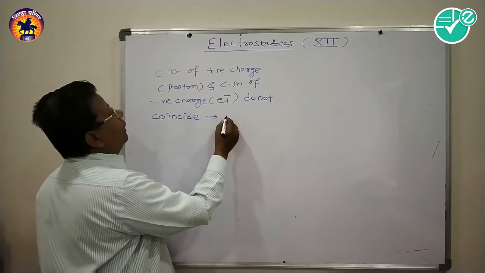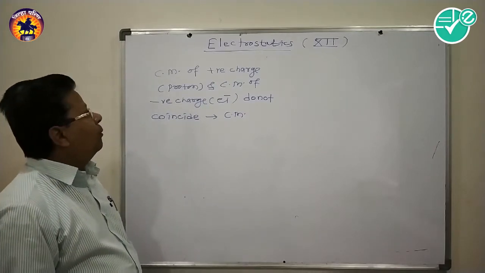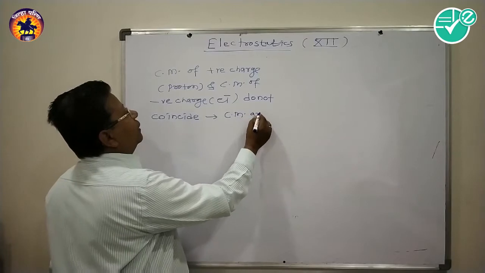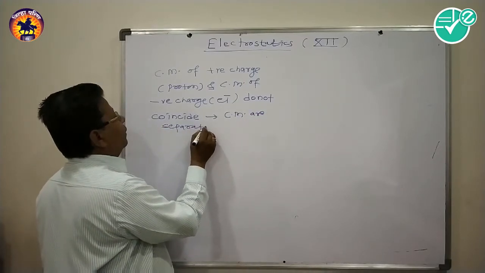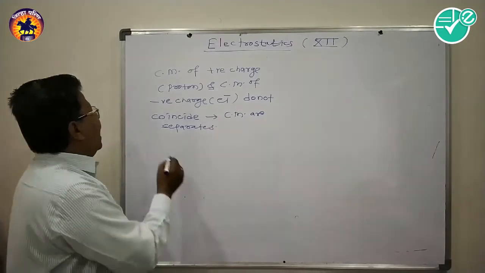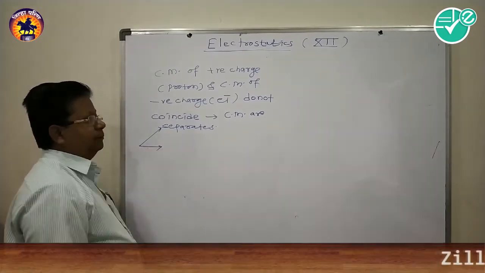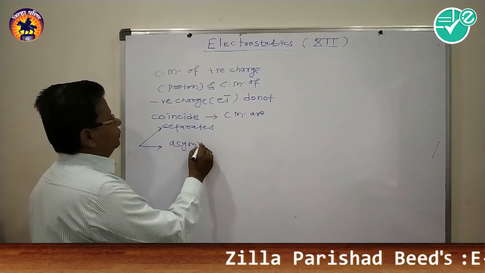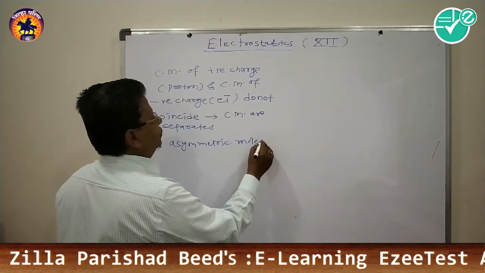That means the centers of mass of positive charge and negative charge are separated. And this is because of asymmetric molecules.